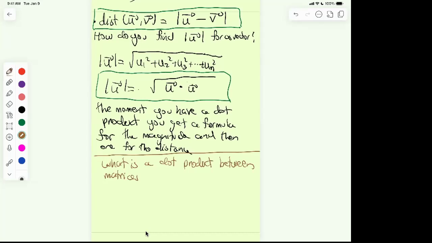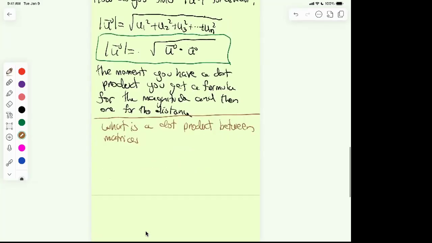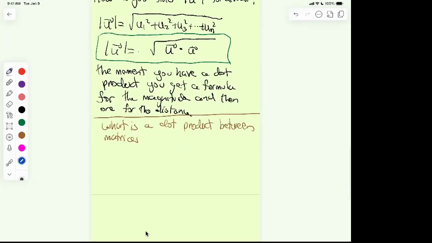For what it's worth, you can go by analogy, and the diagram helps you out to some extent. In fact, we may have discussed this already, but if you had two vectors u and v, you can think of their dot product as what you get when you stick them together.